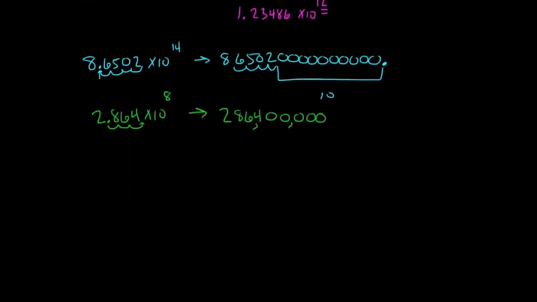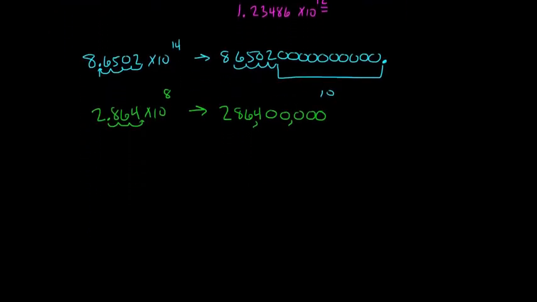As I mentioned before, we can also use scientific notation to deal with really small numbers. For example, if we had 2.864 times 10 to the negative 8th, now that we have this negative here, it means we're actually moving to the left instead of to the right.